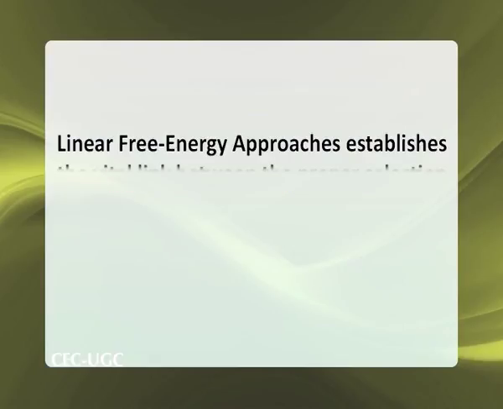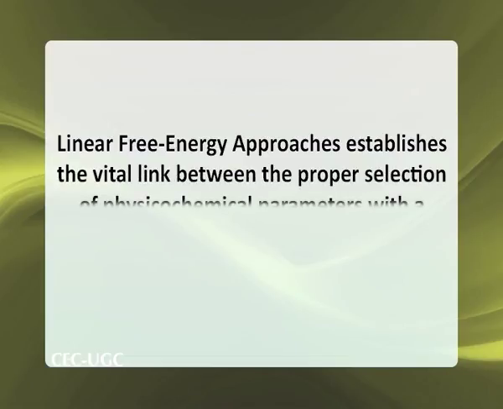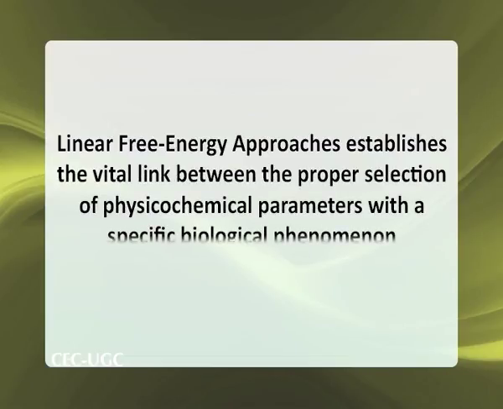This method establishes the vital link between the proper selection of physicochemical parameters and a specific biological phenomenon. However, such a correlation may not guarantee or allow a direct interpretation with regard to molecular structure, but may positively offer a possible clue towards the selection of candidate molecules for synthesis.